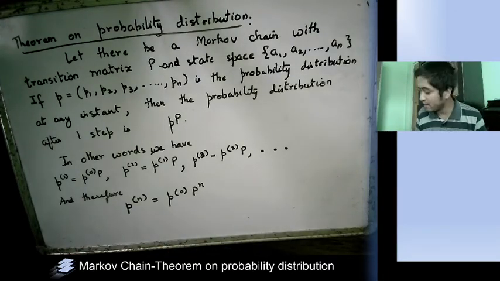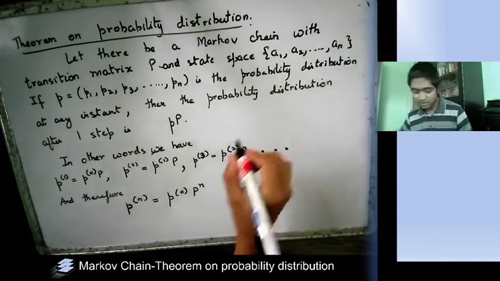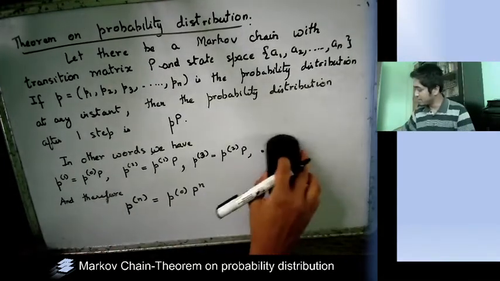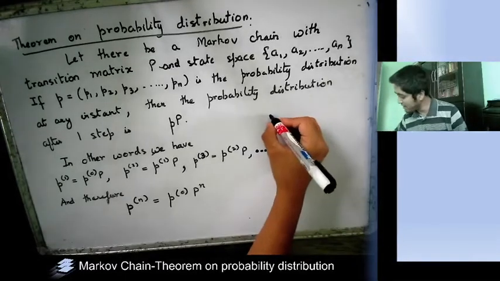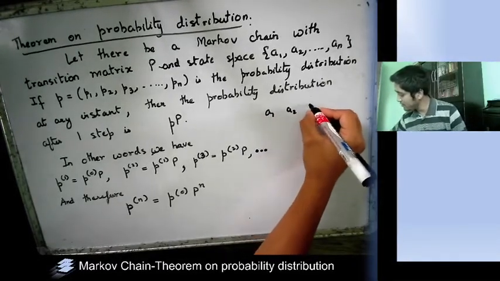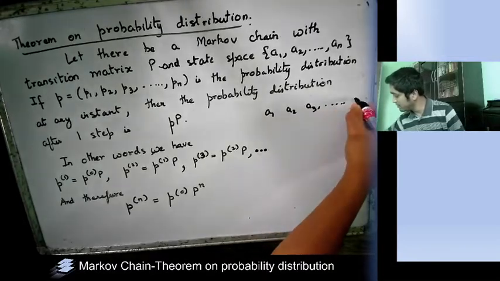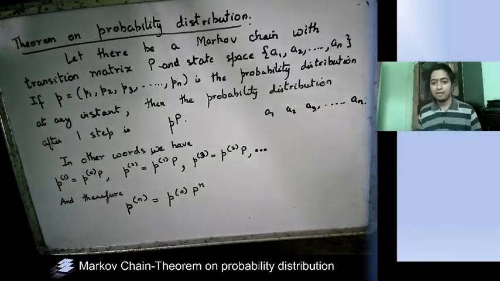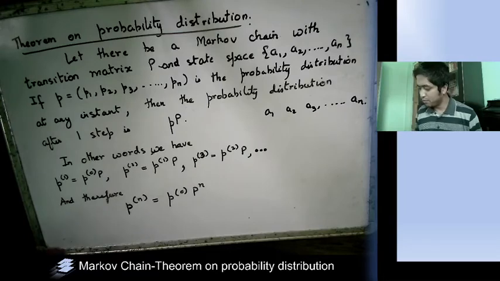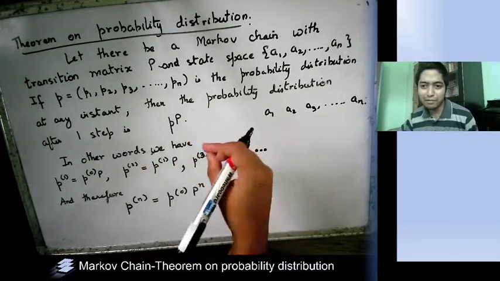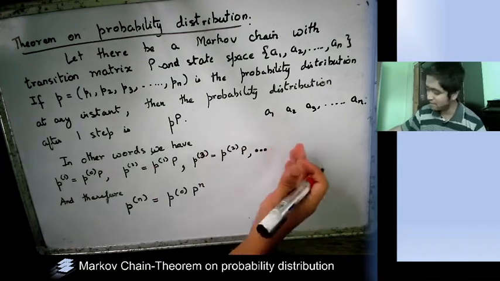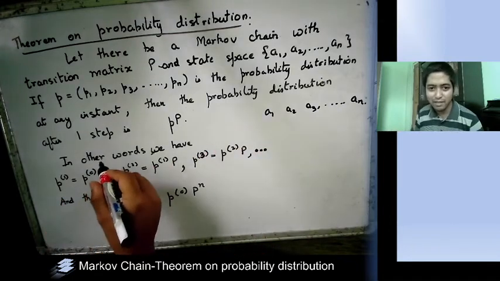If you remember, we are having a state space. This one goes on indefinitely. So we are having a state space A1, A2, A3, and so on up to AN. So initially, when we are using the word initially, let us think of it in terms of p naught.